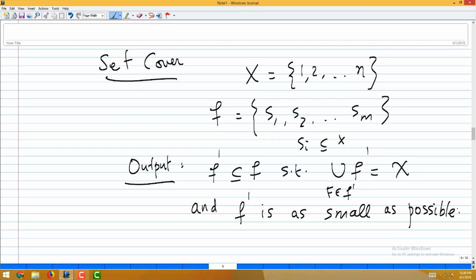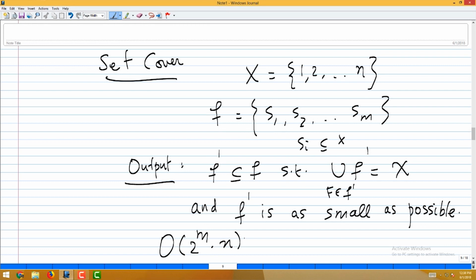The running time would be how much? 2 power m, because m is the size of the family, right. 2 power m times n or something, n being the cost to check whether the union of the sets in the family is the universe.